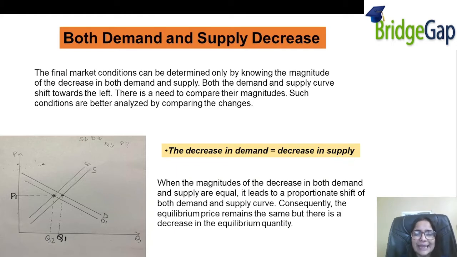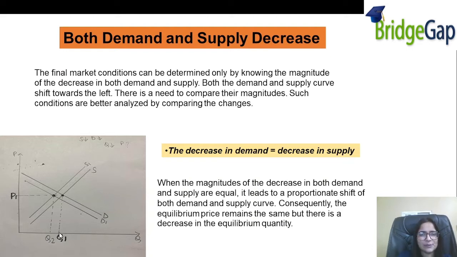Or the last case, the magnitude of decrease in supply is greater than the magnitude of decrease in demand. We'll be discussing each one of them. Just have a look at this graph. Here we have P1, the equilibrium price, and Q1, the equilibrium quantity.